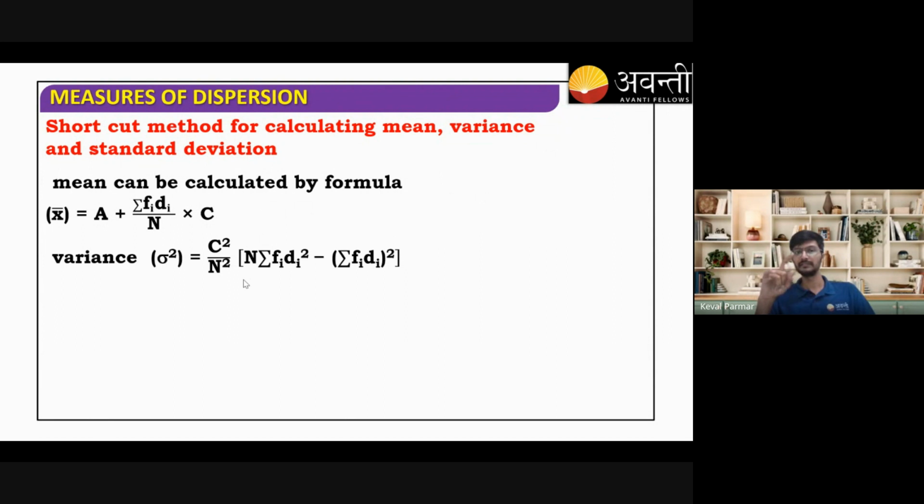Please see the formula very carefully. It is C square upon n square into bracket summation Fi di square minus summation Fi di the whole square. Here it is Fi into di square. Here it is Fi di the whole square.